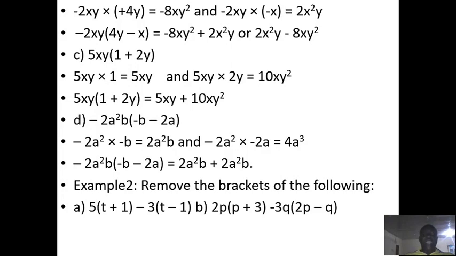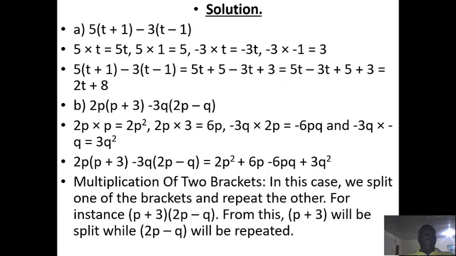So now let's look at example 2. We are to remove the brackets of the following. We have 5 open bracket t plus 1 minus 3 open bracket t minus 1. In this case, we also have to carry out the same operation the way we did first. 5 times t will give us 5t. 5 times plus 1 will give us 5.